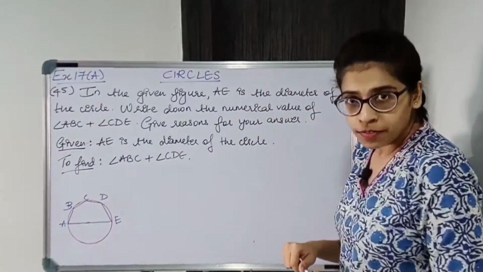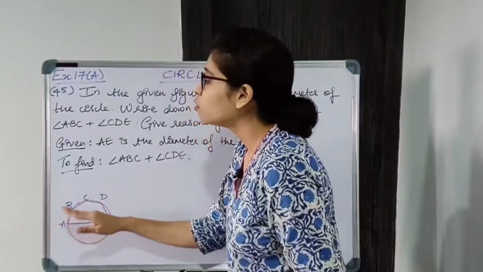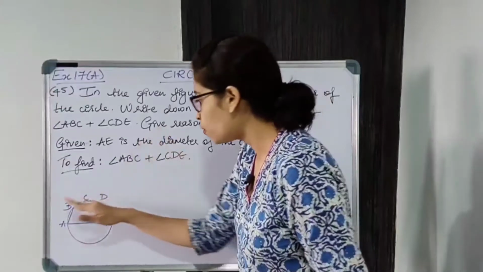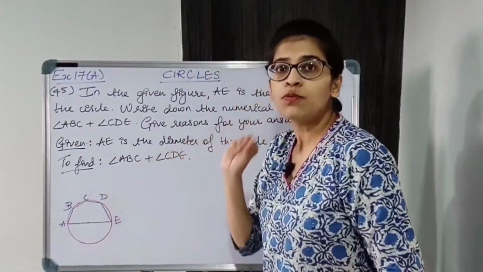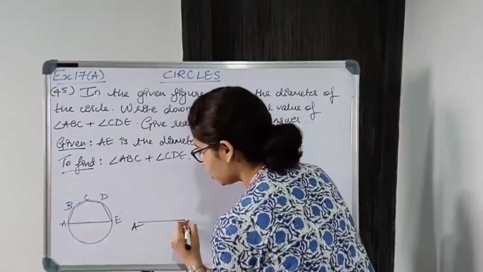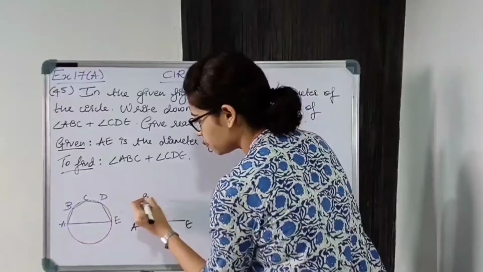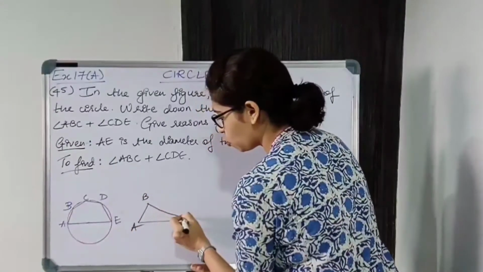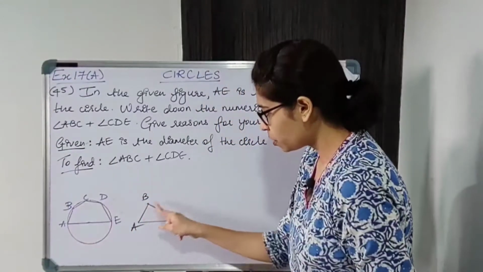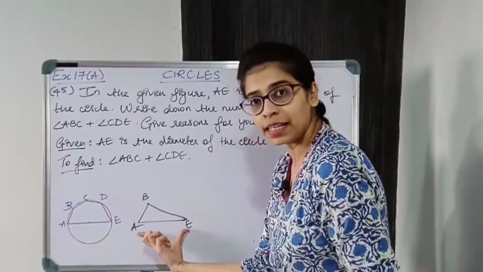So what we'll do, this is the diameter, we'll join one of these, okay, to form a right angle. AE is the diameter. Now we have B over here. So what we can do, we can join this BE. So what will happen, B is on the circumference of the circle, AE is the diameter.